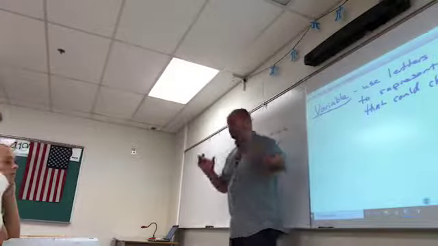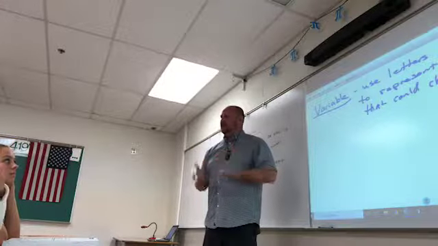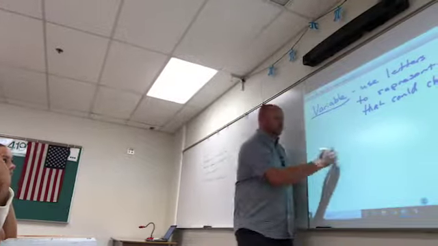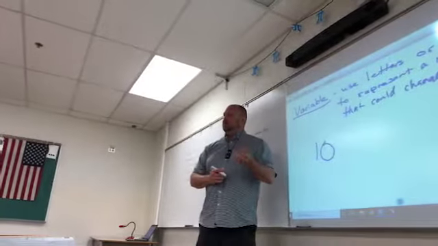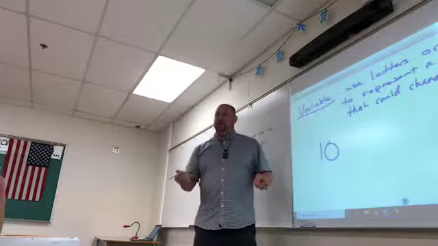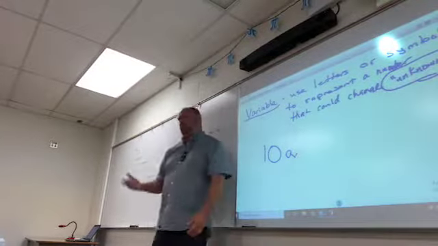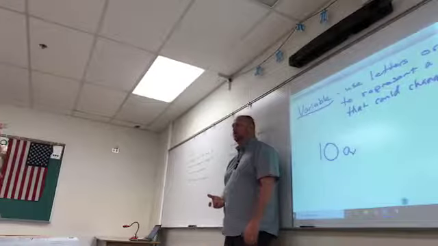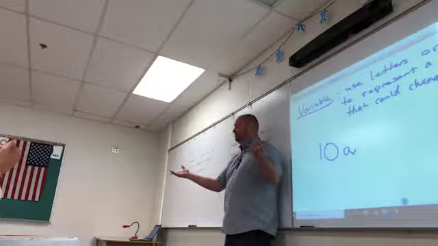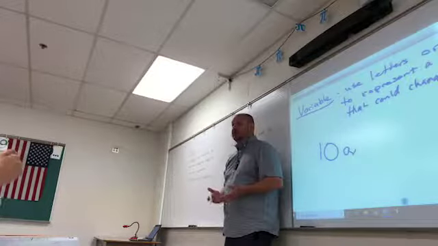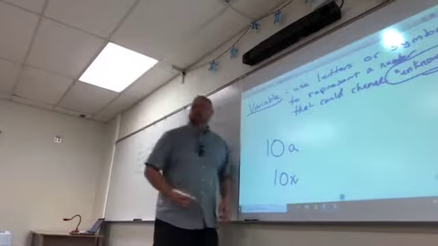Who knows? So what we do is we pick a symbol, we pick a letter typically, to say we're going to take 10 and we're going to multiply that by however many assignments we're going to have. We could use the letter A. Why would I want to use the letter A? Assignments. That represents assignments. Or we could say 10x.